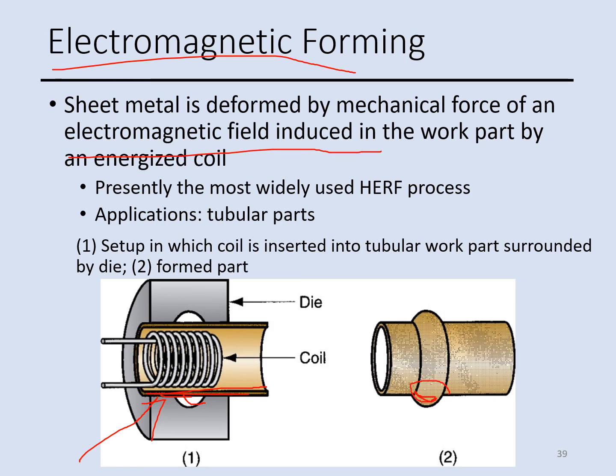So we have two types of forces. One force is coming from this coil, and one force is generated in the pipe. These two forces interact with each other, and then the pipe will take the shape of the die, which is this shape.